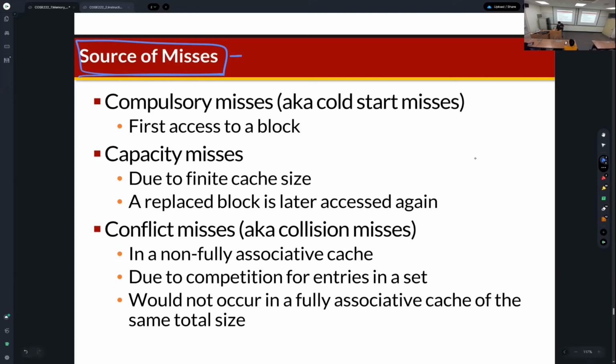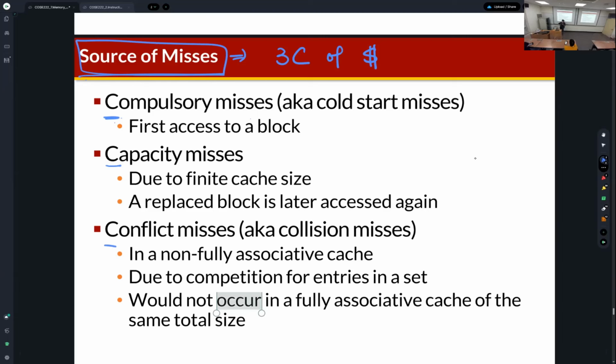This is called the three Cs of cache, because the sources of misses start with C. The first reason of misses is the cold miss or compulsory miss, then the capacity miss, then the conflict miss.